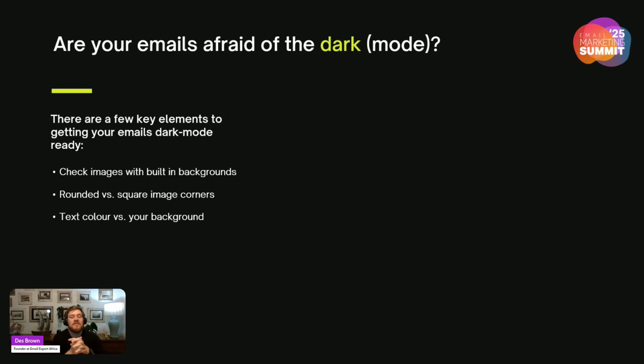Now, what happens is you get gray on a gray background that you can't read, and that's no good. So as a quick fix, what you want to do is stick with pure white, which is hashtag FFFFFF, or pure black, which is hashtag 000000 color codes, and you want to make sure that your text adheres to either of those. Email clients are most predictable when it comes to those.